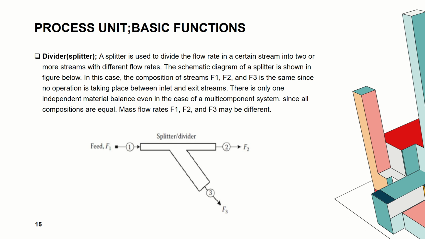The inlet can be the feed, where the feed is F1, and the exit streams can be F2 and F3. There's only one independent material balance, even in the case of a multi-component system, since all the components are equal. But one thing we have to take note of is that the mass flow rates of F1, F2, and F3 may be different.